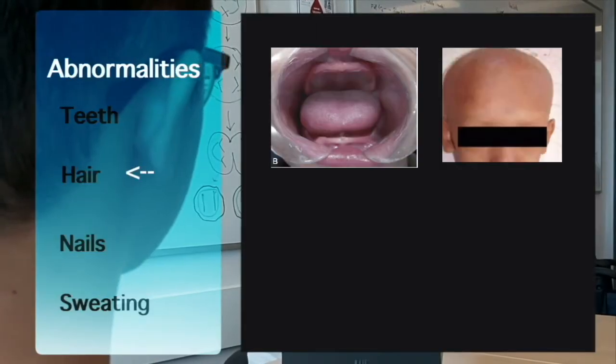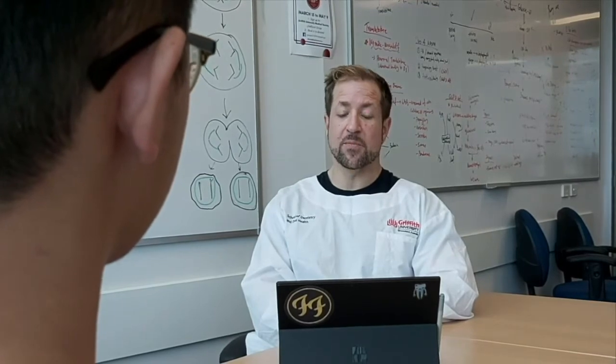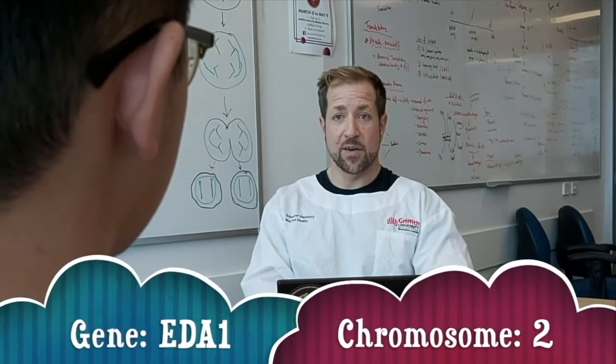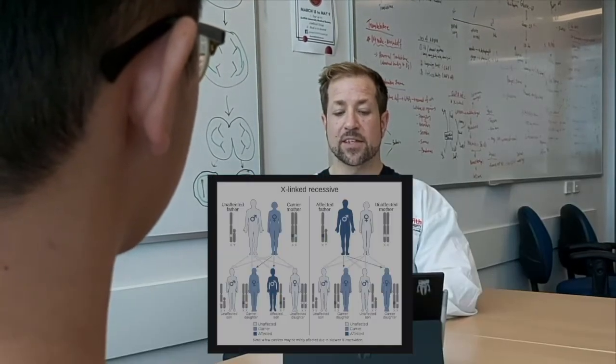Let me explain further. You have the most common form of ectodermal dysplasia, or ED, called hypohydrotic dysplasia, HED, which is often characterized by abnormalities with teeth, hair, nails, and problems sweating. When you were just a developing fetus, a specific gene inherited from your mother caused developmental problems with these structures. This gene, EDA1, which is located on chromosome 2, is responsible for an X-linked recessive form of ectodermal dysplasia.